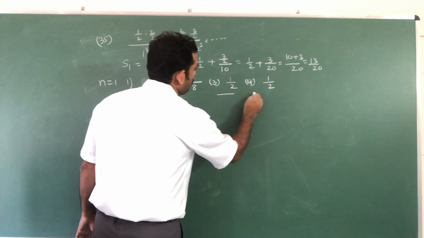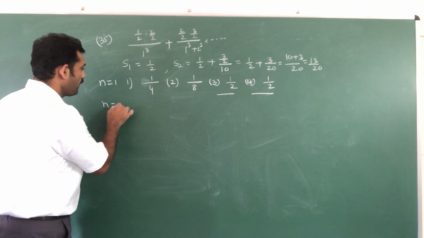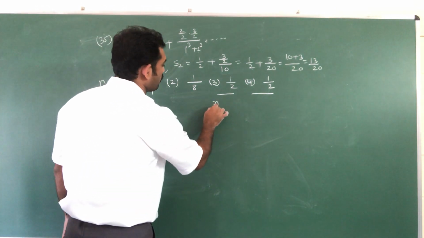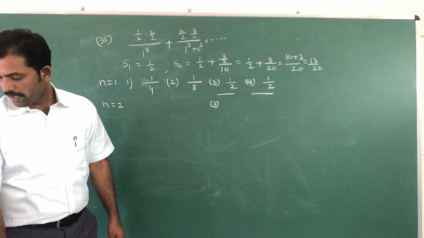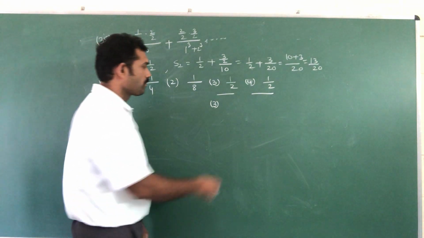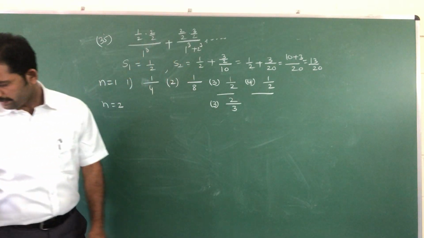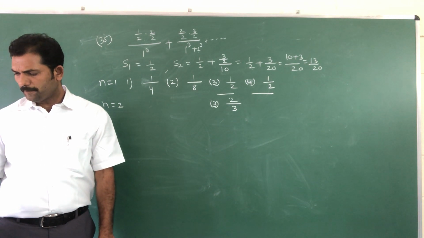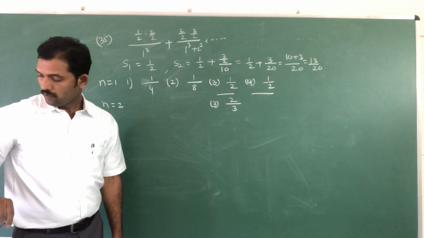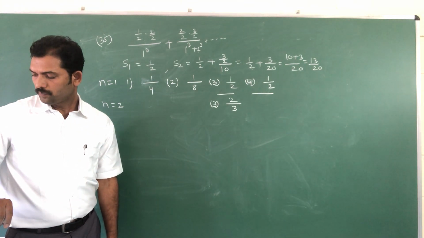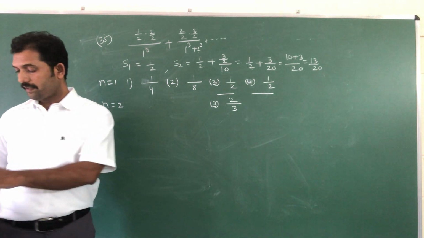I am getting two options when n is equal to 1, so we'll go for n is equal to 2. You check only the third option. 2 is substituted: 2 by (2 plus 1) is 3, and 2 cube is 8 plus 1. Then 3/2 divided by 10, not getting that. Wait.